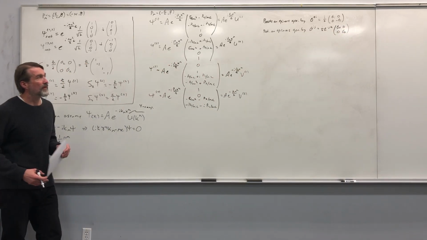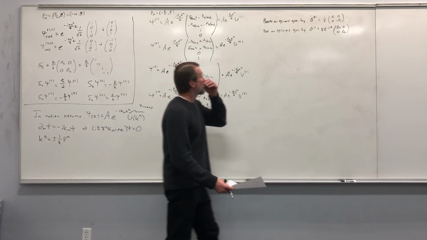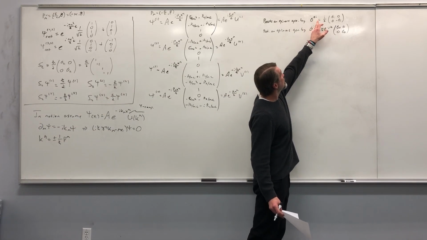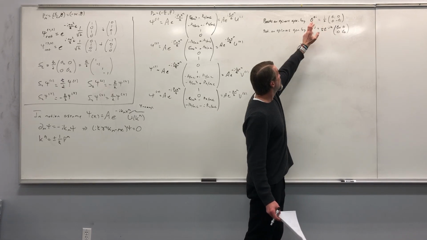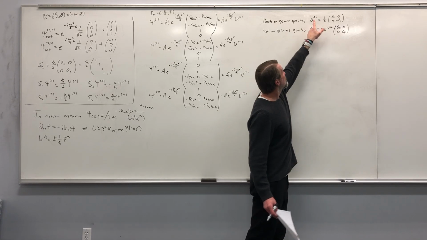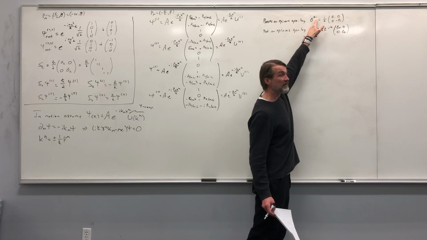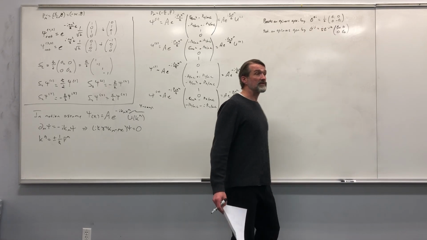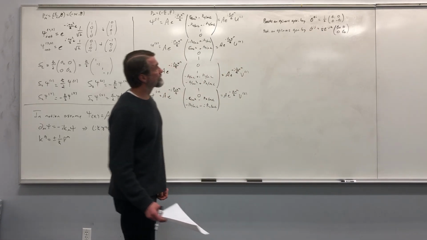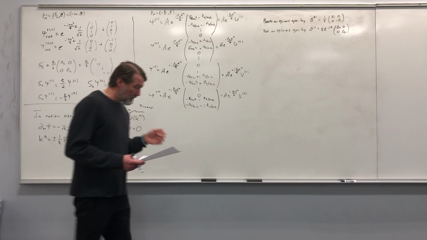Okay? Remember this labeling here, 0i, ij, this is obviously space-time indices, because boosts are transformations between the time direction and one of the spatial directions, whereas rotations are just transformations between purely spatial directions. Okay? All right.